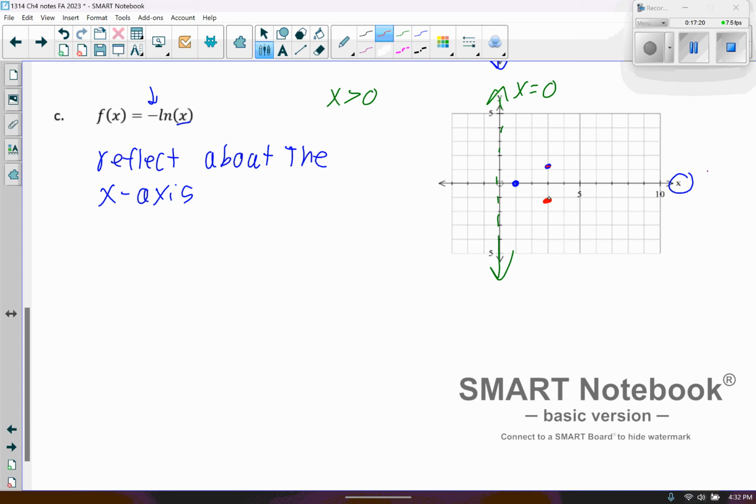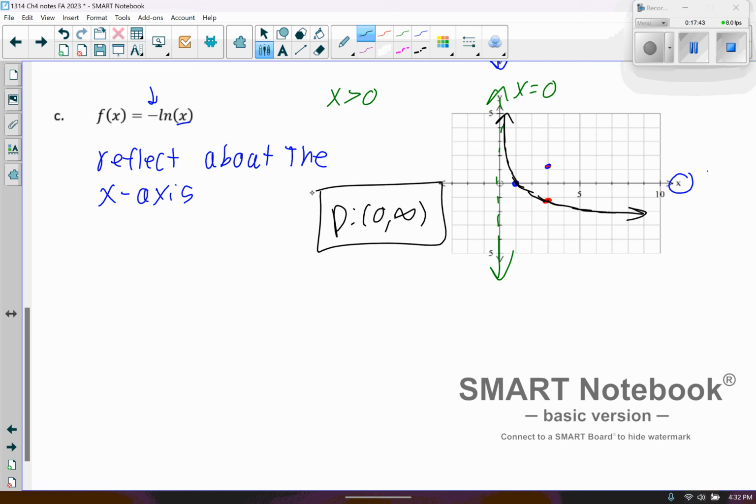And so when I draw my graph, the asymptote is going up instead, going up towards the guardrail, and I'm going down like this pretty slowly. And there we go. And then the last thing is my domain in interval notation would be from 0 to infinity. And so that's going to include the graphing portion of this unit.